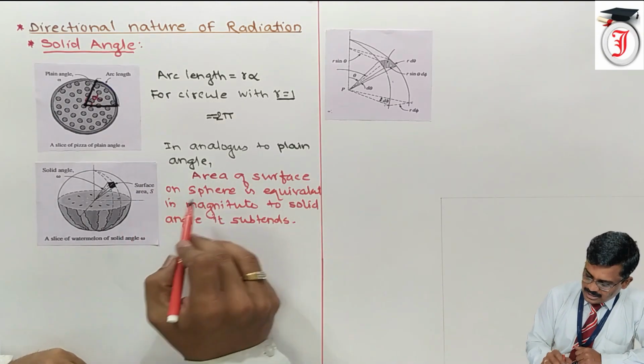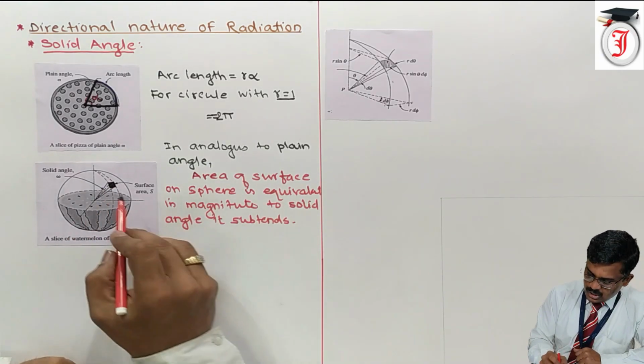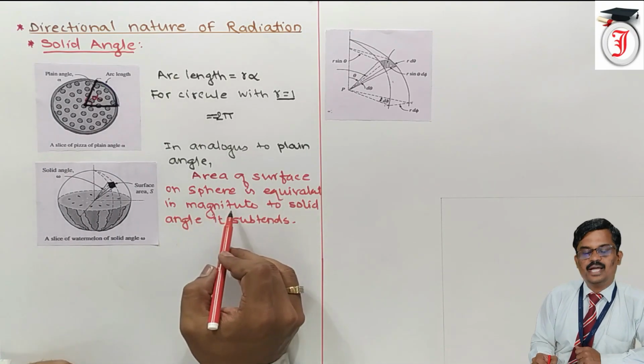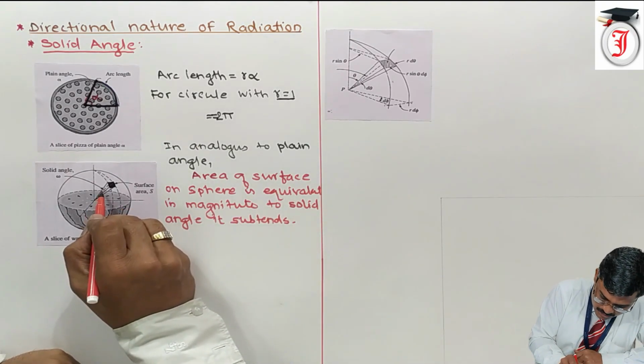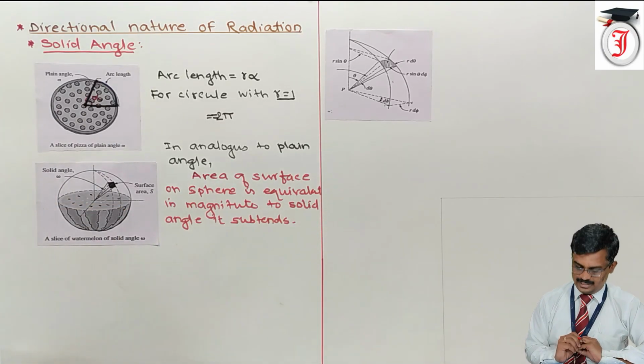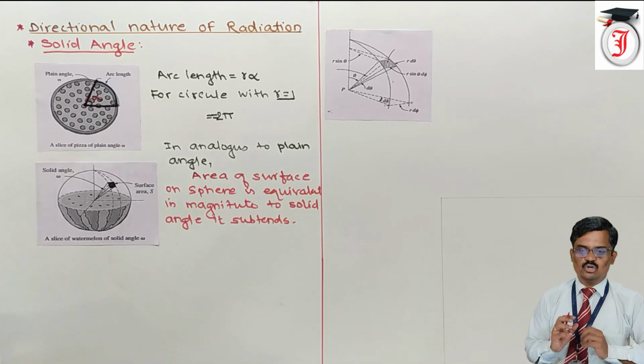So the area of a surface on a sphere is equivalent in magnitude to the solid angle. This is the solid angle, which is denoted by omega. Now let us define a solid angle.